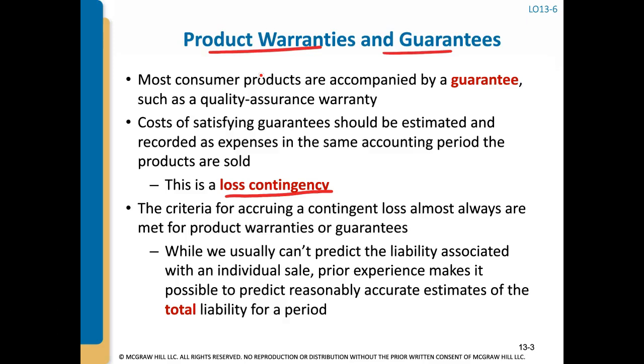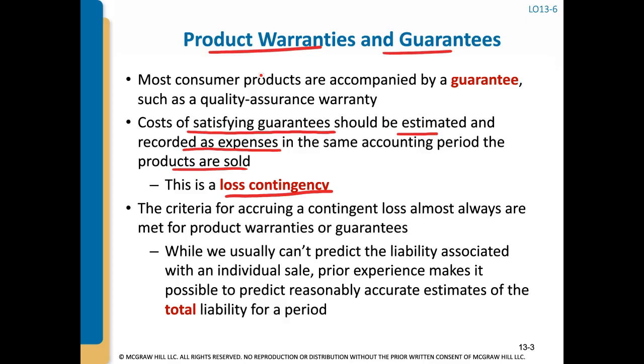And we know as a car dealer that some percentage of those cars will come back for some problems, some maintenance, oil changes, transmission problems, whatever it is. So the cost of satisfying the guarantees or the warranties should be estimated and recorded as expenses in the same accounting period as the products are sold.